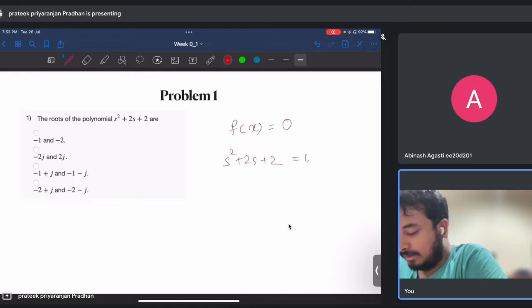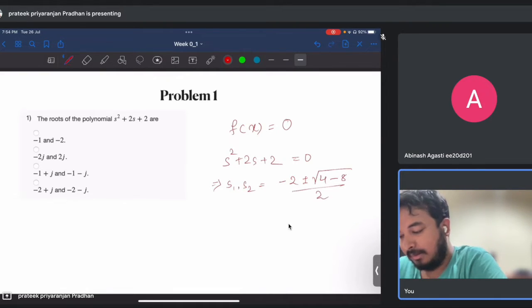Equating it with 0, we find s1, s2 equal to minus 2 plus or minus the square root of b square minus 4ac, which is 4, divided by 2.